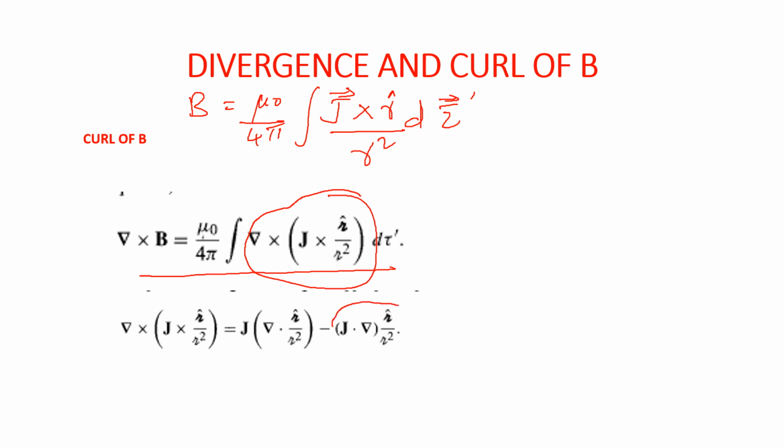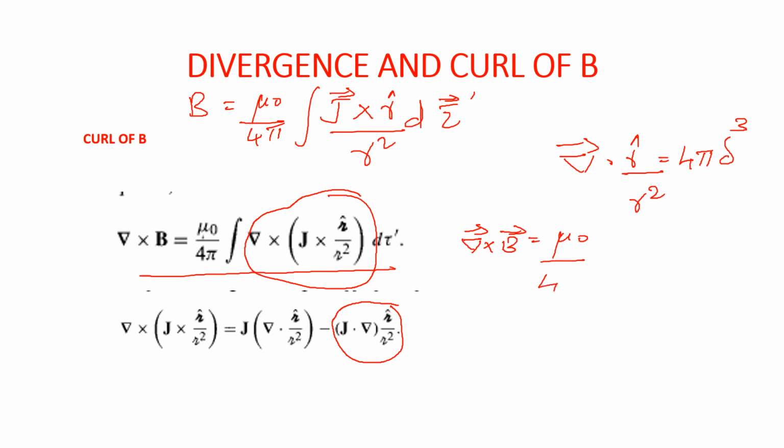The term J dot del vanishes, and del dot r cap divided by r square is equal to 4 pi times delta cube. This is a delta function which has a value 1.